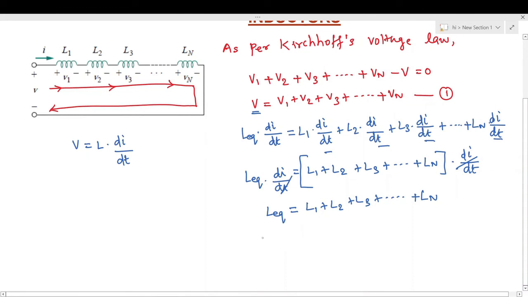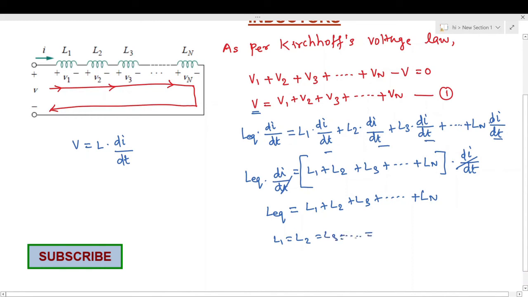If the circuit has n number of inductances with equal inductance value, that is L1 is equal to L2 is equal to L3 and up to Ln, having only one same inductance value L, then the equivalent inductance will be n into the inductance value of one inductor.